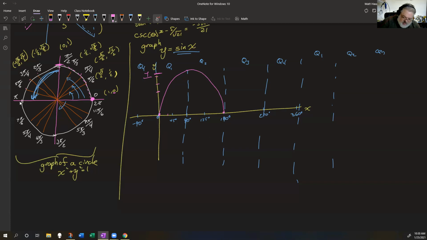In quadrant 3, we start getting negative sine values, because sine is negative in quadrant 3. But it's the same values, right? I haven't written them here, but it's the same 1/2, square root of 2 over 2, and square root of 3 over 2, because it's still those same triangles down here that were up here. It's just now they're negative. So it's those same values going from 0 to 1. It's just doing it in the negatives.